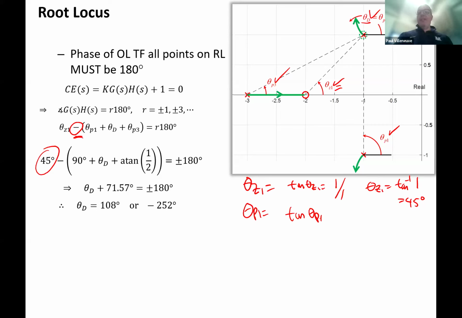What's the opposite over here? The opposite is -1 to 1, so that's 2. What is the adjacent? 1? Theta P1.